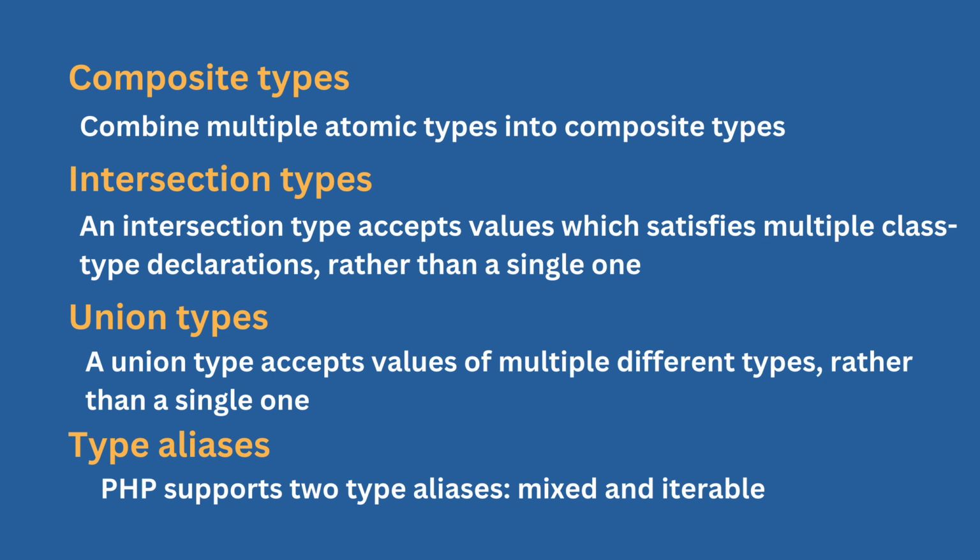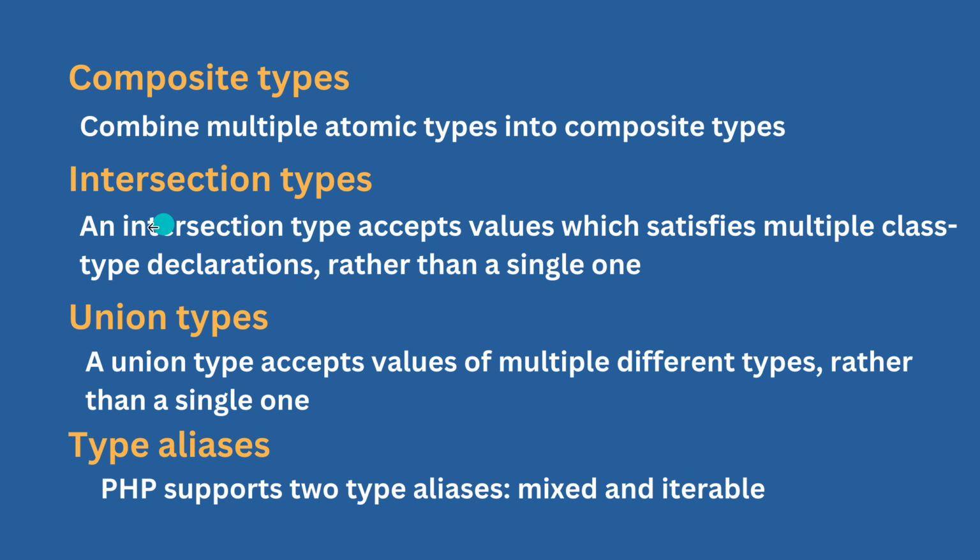Intersection type. An intersection type accepts a value which satisfies multiple class type declarations rather than a single one. Right? Here also multiple will be used, but some of the variables' data types will be intersected. Then there are union types, which are also multiple different types, but here union will be used.